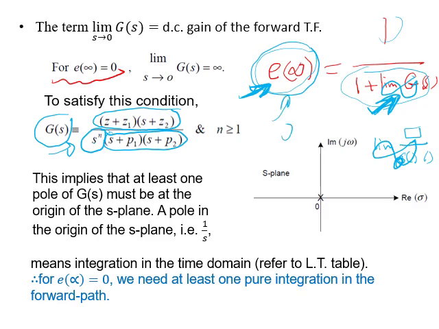He wanted to say that we must have at least one S in the denominator. This is going to result in the error equal to 0. That's the idea. What is the meaning of one S in the denominator? It means 1 over S. So in the transfer function, we must get 1 over S, which is known as an integrator.